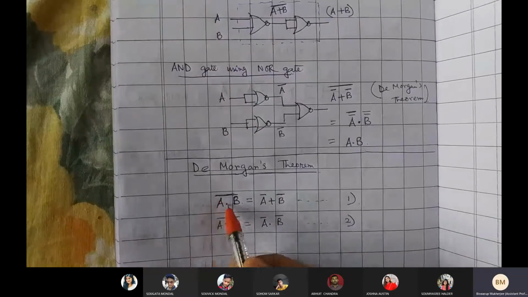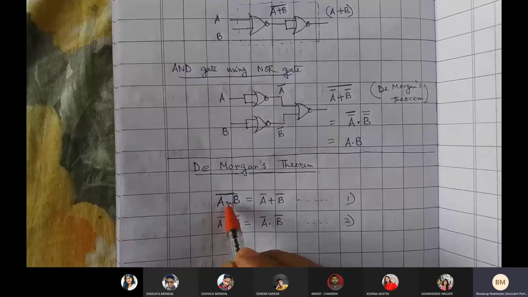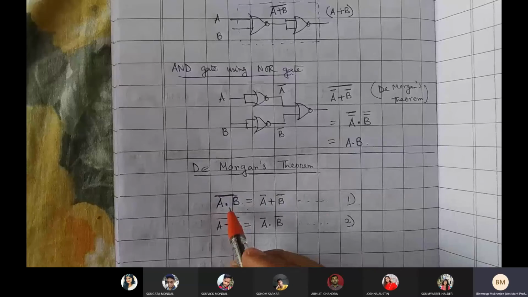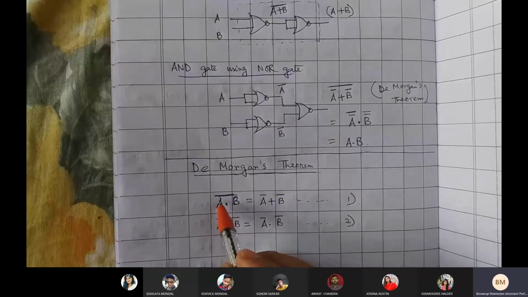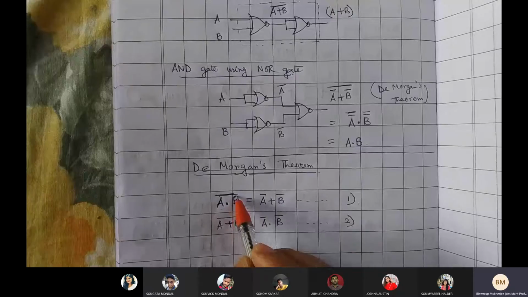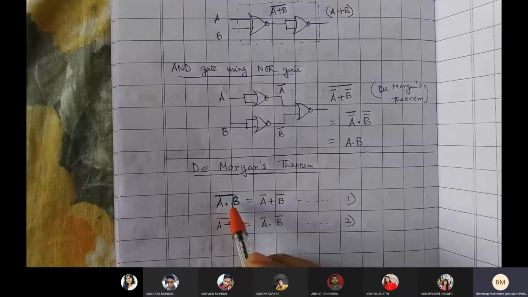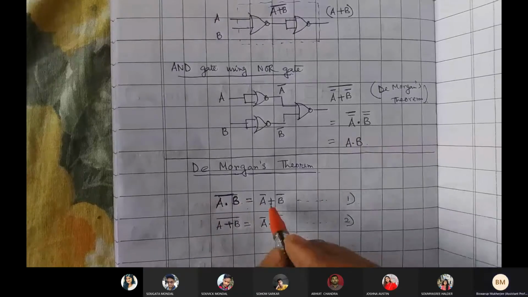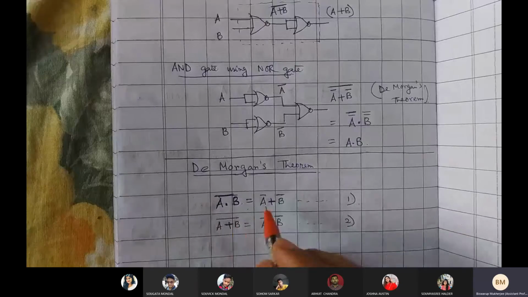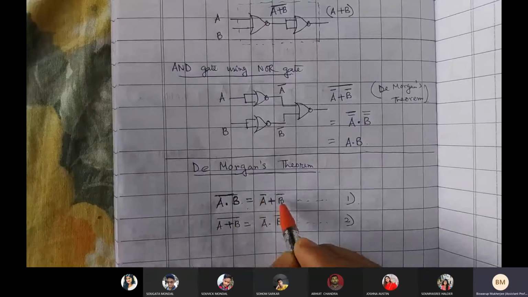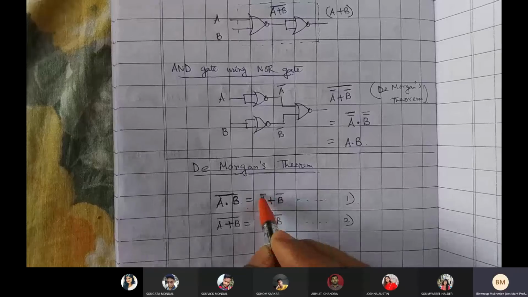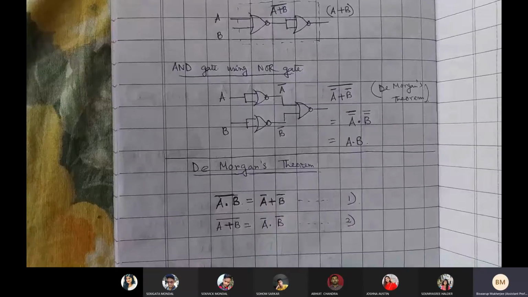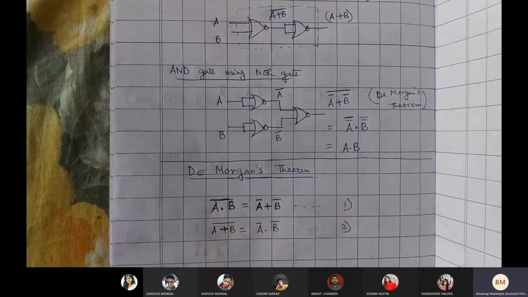The complement of the AND operation, or the dot product, or in a few books the intersection, is equal to the OR function of the individual complementary variables. Each one individually complemented, and then the OR operation between these two. That is the first statement.